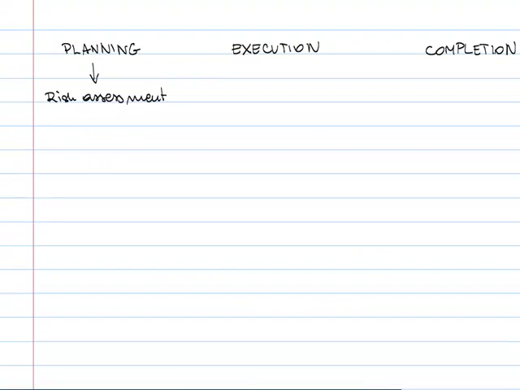Therefore, analytical procedures are definitely used during the planning phase because they help the risk assessment process.